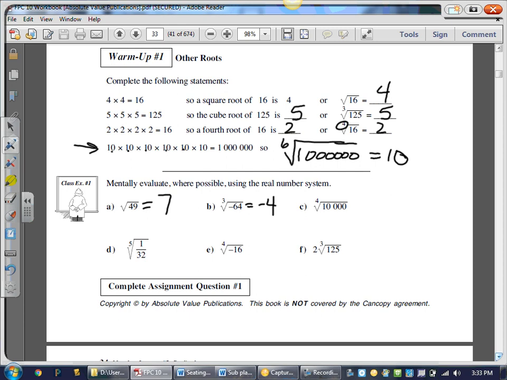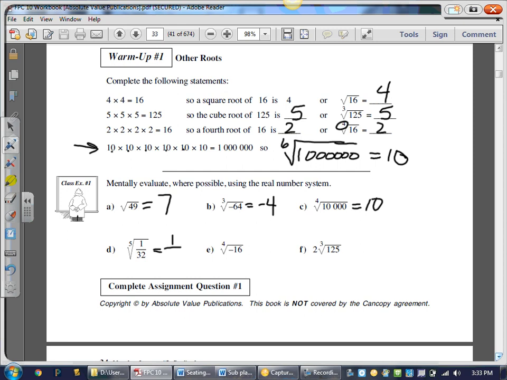Now what about the 4th root of 10,000? Any takers? Yes, it's going to be a 10. Now, don't freak out. Next question, letter D. Don't freak out because it has a 5th root of a fraction. Just do the top and the bottom individually. So we know that the 5th root of 1 is 1, because 1 times 1 times 1 times 1, all 5 of them, is 1.